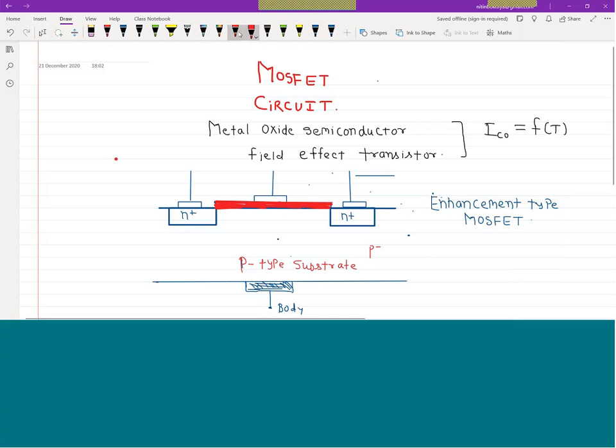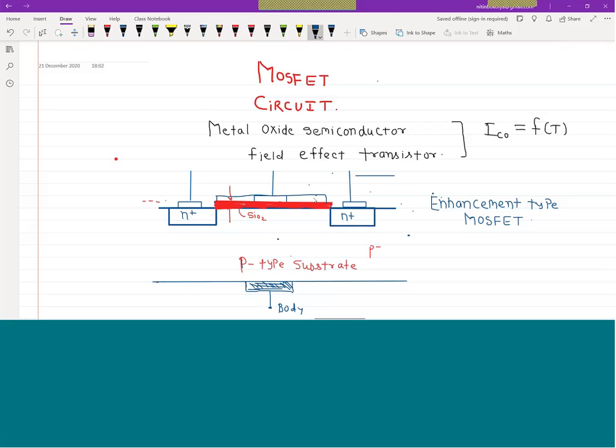So what we are having is metal oxide semiconductor. This region is known as SiO2, which is the oxide, and a metal is here.